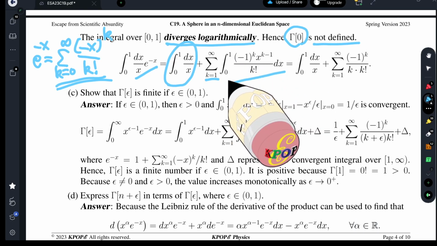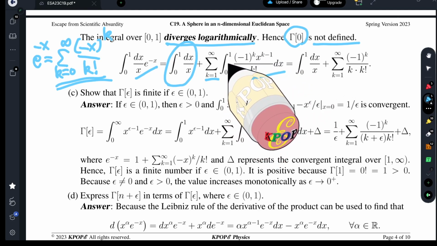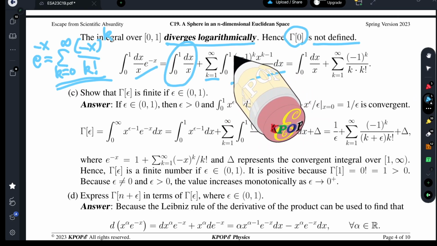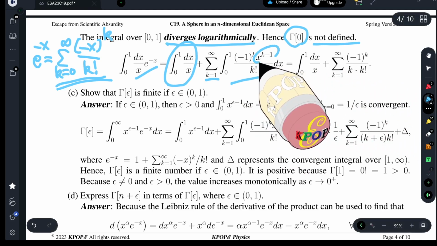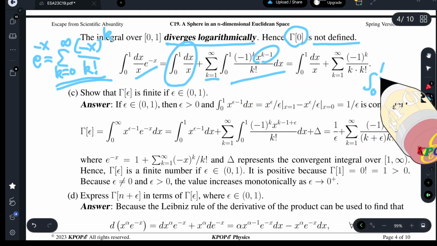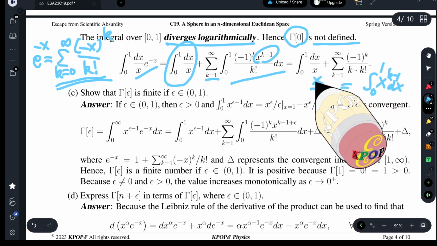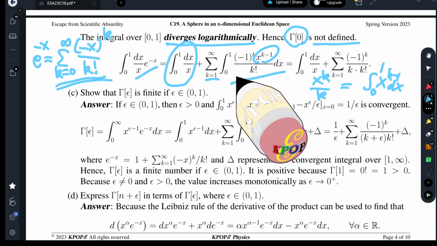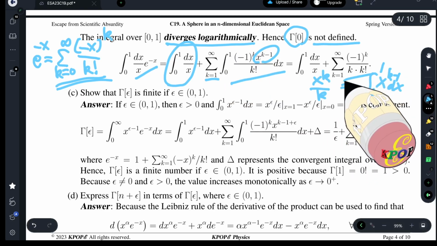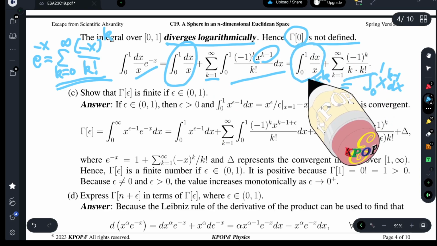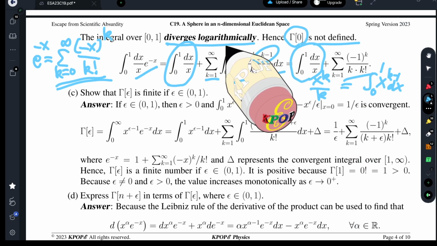We can evaluate every integral. At 0 it's 0, and at x equals 1, the integral becomes 1 over k factorial times k. This one, the integral from 0 to 1 of x to the k minus 1 dx, is x to the k over k, evaluated at 0 is 0, evaluated at 1 equals 1 over k. So that's fine. But this one is problematic. It diverges logarithmically as x goes to 0.